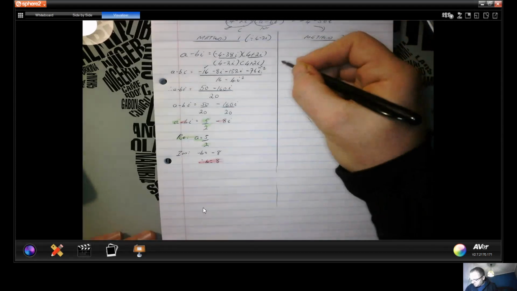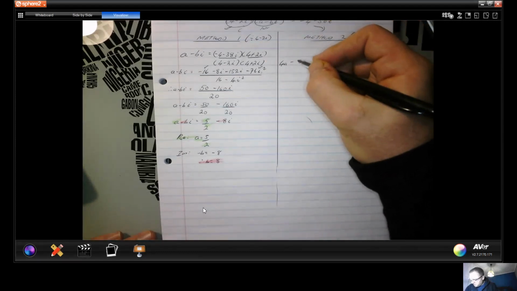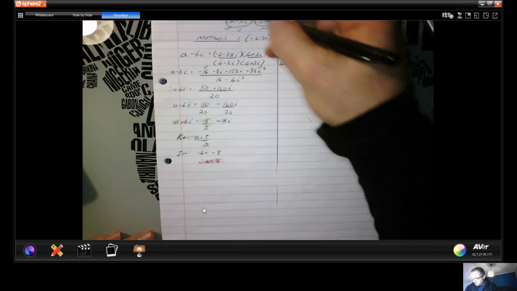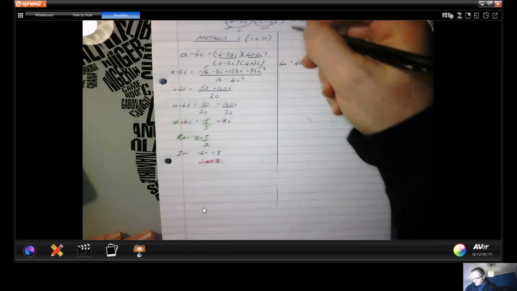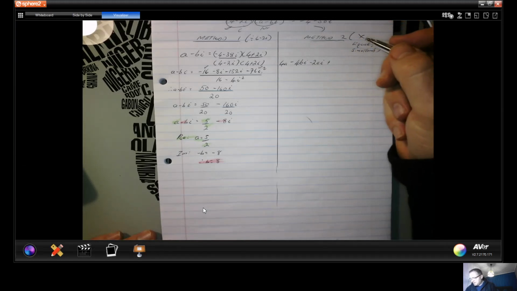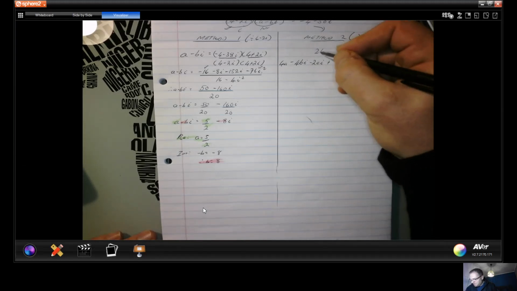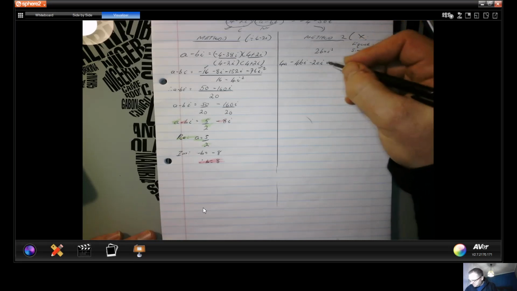So you're going to get 4a, okay, minus 4bi, minus 2ai, plus 2bi squared, and 2bi squared is going to be 2b times i squared, which is 2b times negative 1, which is negative 2b.